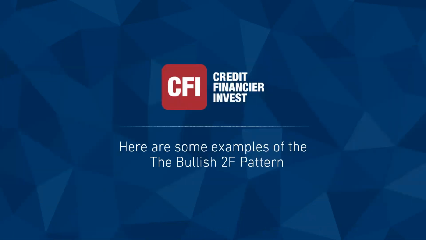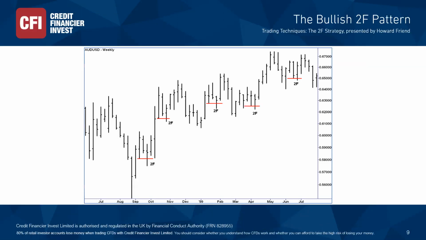Okay, so let's see a few examples of bullish 2F. First up is a chart of Australian dollar, Aussie US weekly. Now, by the way, 2F works well on just about any time frame. I would suggest, as with all of these patterns that you'll see when I make my presentations, the longer term the time frame, the better the pattern tends to be, the more reliable it is.